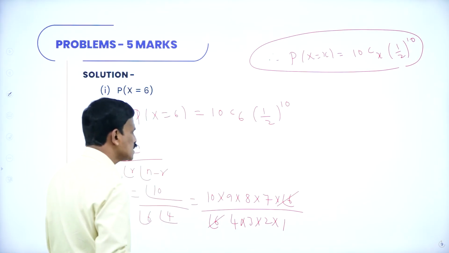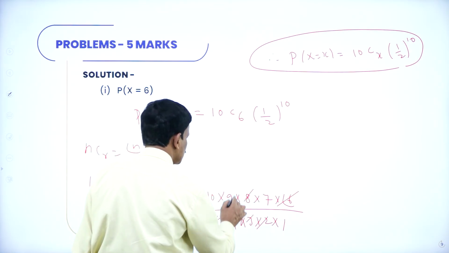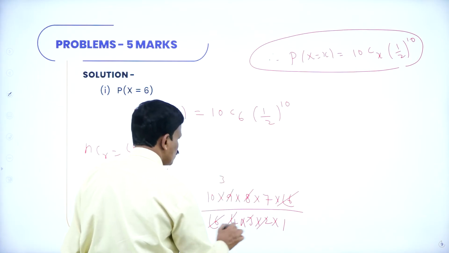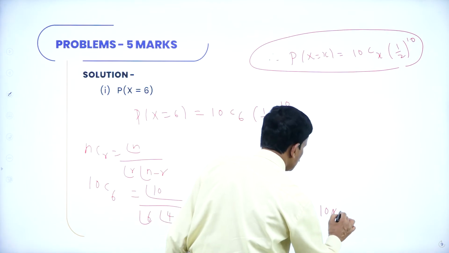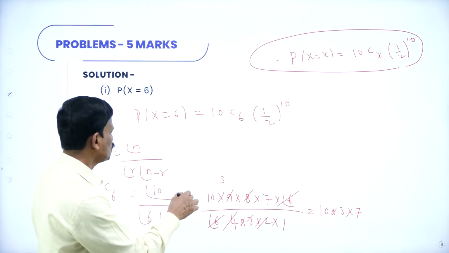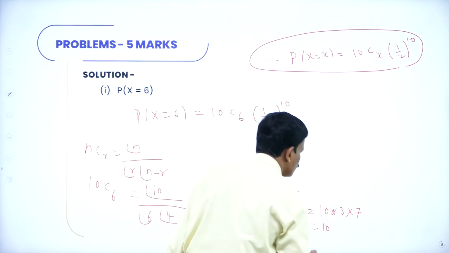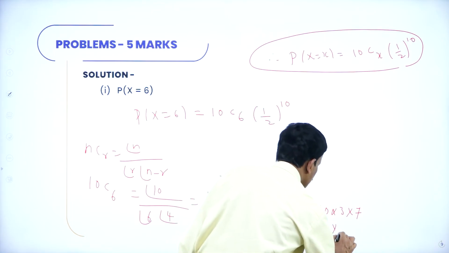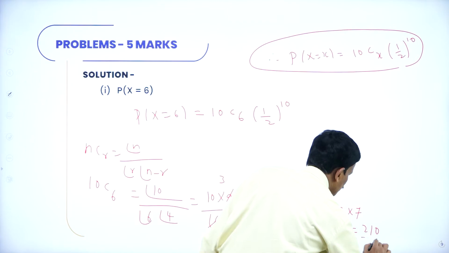Factorial 6 gets cancelled. So 4 2s are 8 gets cancelled, 3 3s are 9 gets cancelled. What is remaining here? This is equal to 10 into 3 into 7. So this is equal to 10 into 7 3s are 21. So 10 into 21 is 210.